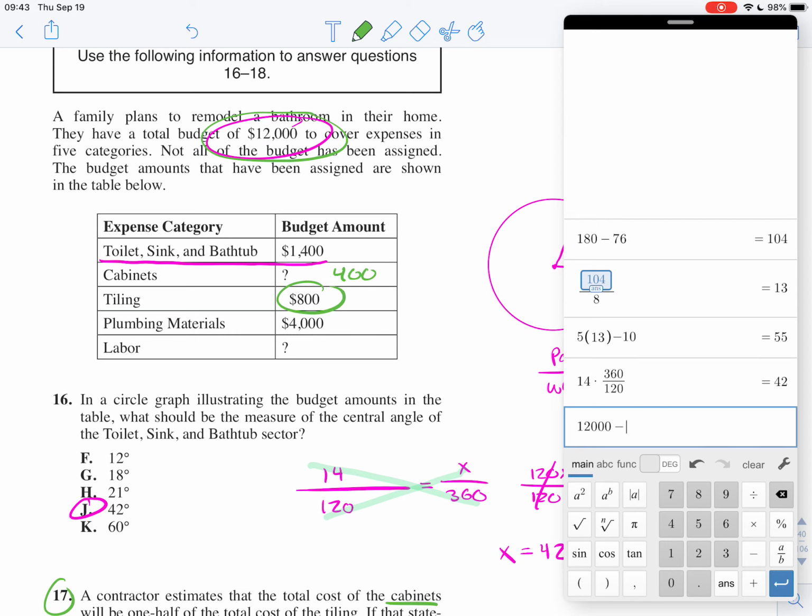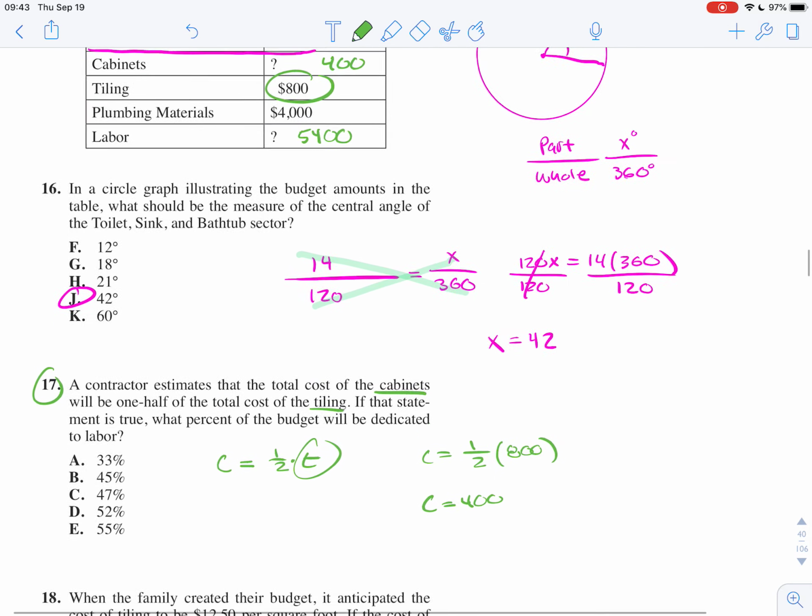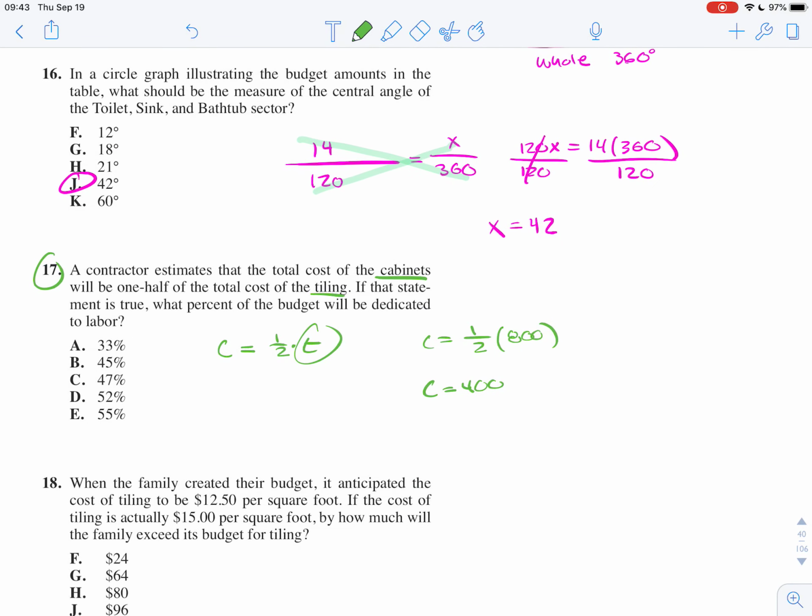So if we had 12,000, we subtracted 1,400, we subtract 400, we subtract 800, and we subtract 4,000, we'll be left with a labor cost of $5,400.